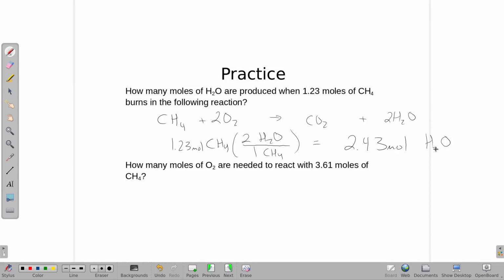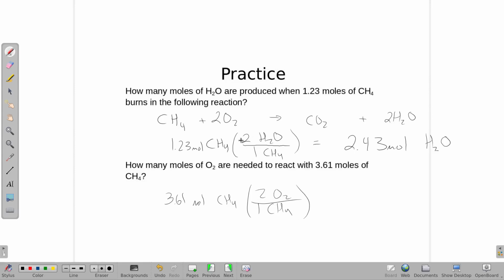And it doesn't matter the components. So down here, 3.61 moles of CH4. If I want O2 instead, it's still going to be the 1 CH4 because there's a 1 implied there, and it's 2 O2s. So the conversion factor is 2 to 1.